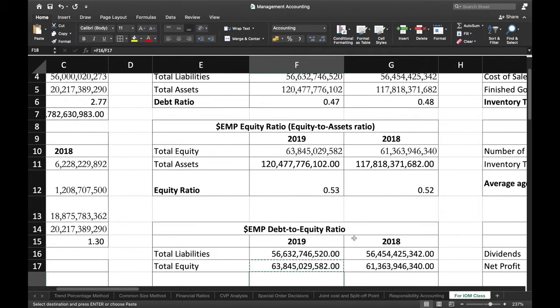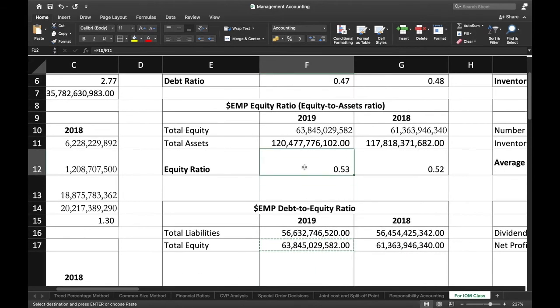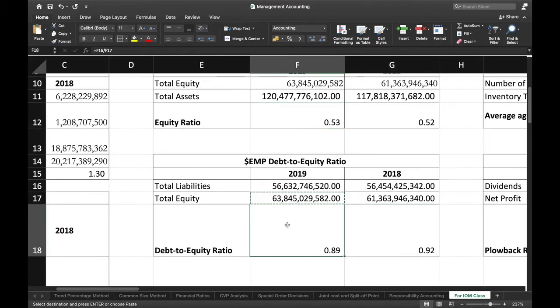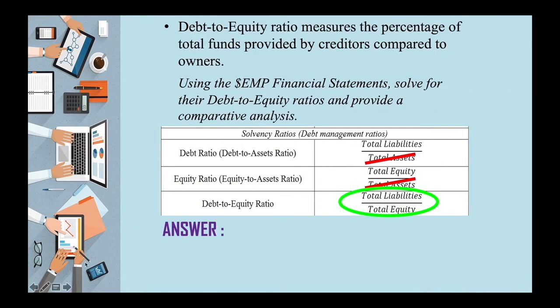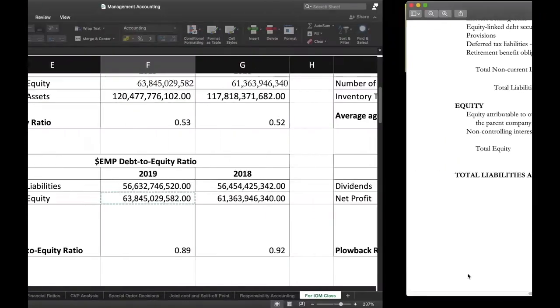So almost nagja-jive yung mga numbers natin. And since bumaba itong debt to equity ratio, tumaas yung equity natin, equity ratio dito. No? So dapat nagtutugma-tugma yung mga numero dahil sila din naman yung mga given, no? So, ayun yung analysis natin for this. So, answer is 0.92 to 0.89.